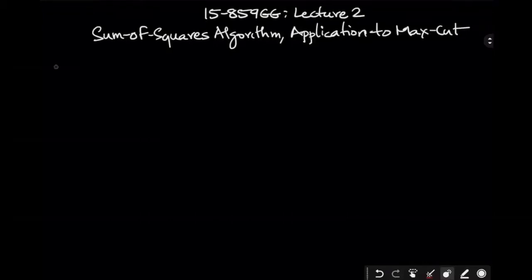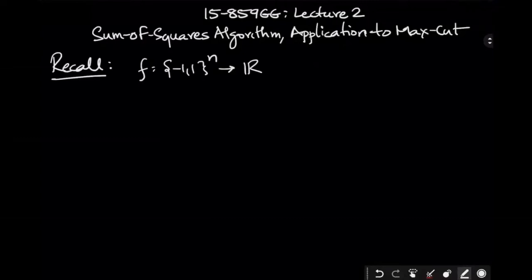So recall, we were looking at functions on the hypercube, right? And we discussed why we can always think of these functions as multilinear without loss of generality, because that's how things are on the hypercube. And let's say it's a degree d polynomial. Last time we discussed sum of squares certificates of non-negativity of f.